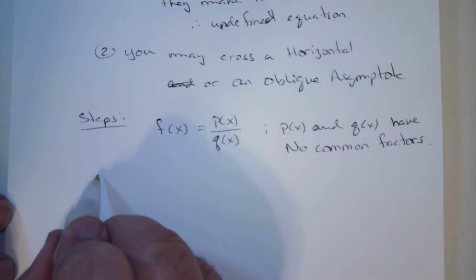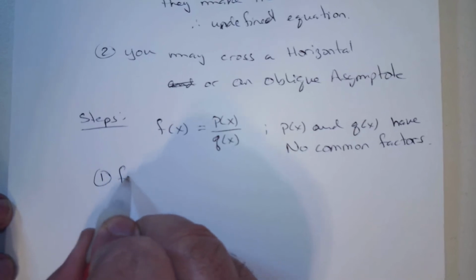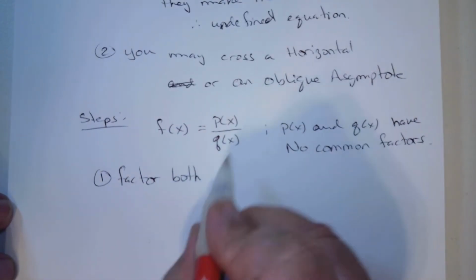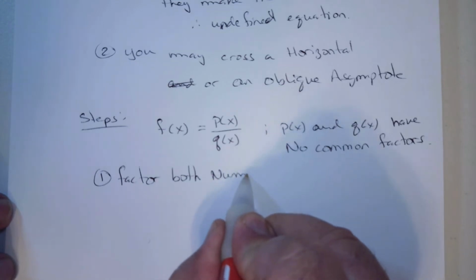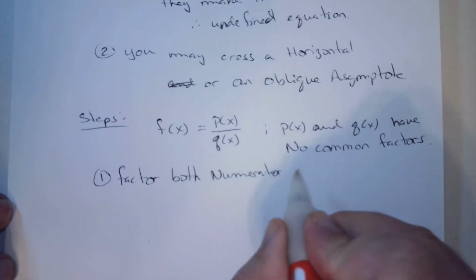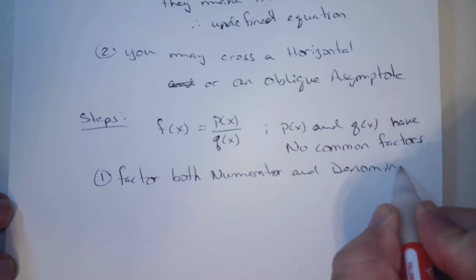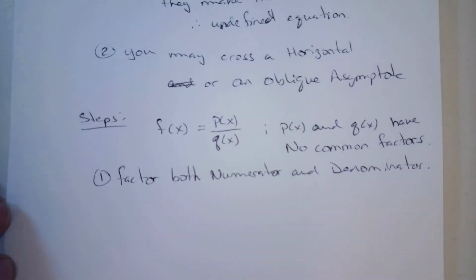So the first thing you have to do is factor both numerator and denominator. Factor them out.